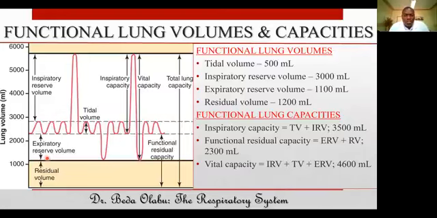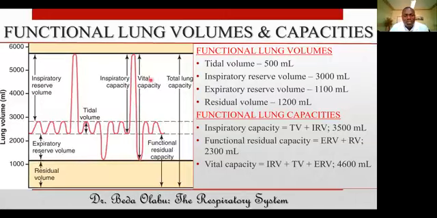We get vital capacity by first making an individual breathe out forcefully. So you are breathing in and out, in and out, in and out. Then the person breathes out forcefully. Once the person has breathed out forcefully, then you make them breathe in forcefully.